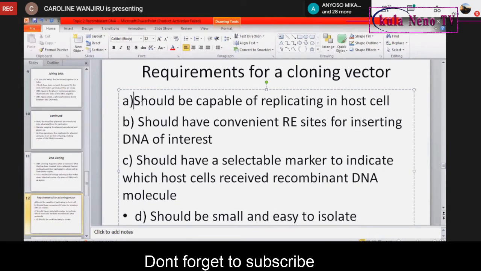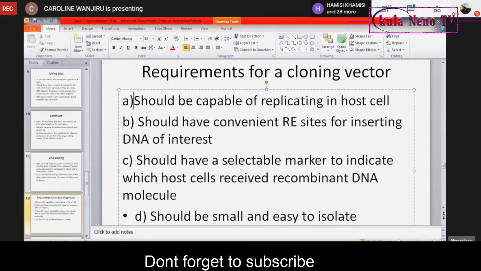But not all plasmids actually receive it. Some will receive and some will not. So for you to have a very good cloning vector or the right plasmid, there has to be a marker in that plasmid that will help you know whether it received the gene of interest or not. Because if it did not receive the gene of interest, then you're not interested in it.